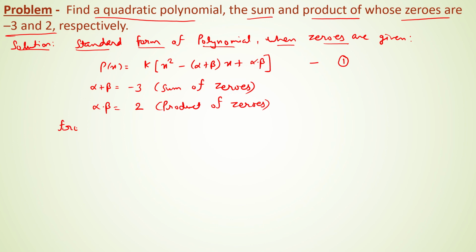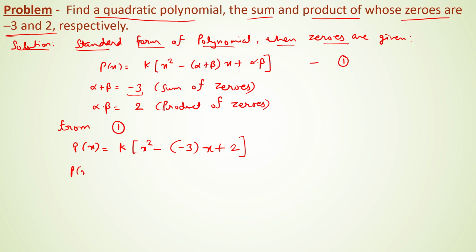So from equation number first, the standard form, we get the polynomial as k into x square minus, since the sum of zeros is minus 3, I have written in place of alpha plus beta minus 3, x plus alpha into beta, which is 2.